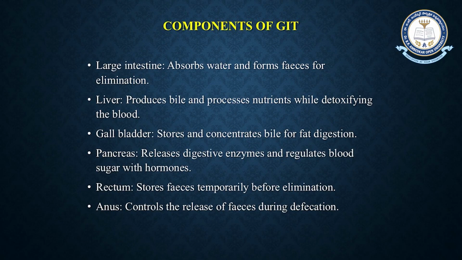The gallbladder is a small pouch present under the liver which stores and concentrates bile for fat digestion. Then comes the pancreas. The pancreas releases digestive enzymes, and they also help in regulating the blood sugar levels by hormones such as insulin. Then comes the rectum after the large intestine, which stores the feces temporarily before the elimination. Then at the last, the anus controls the release of the feces during defecation.